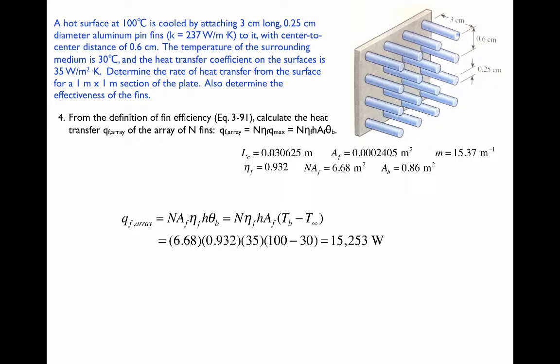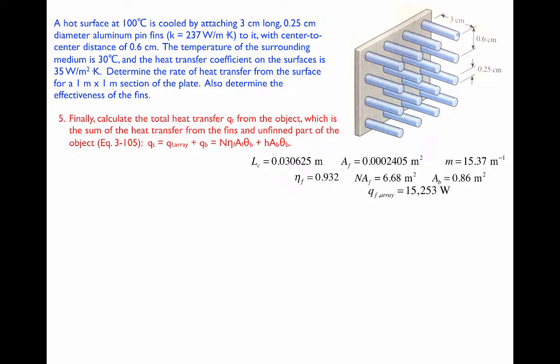We plug in our numbers, and we get 15,253 watts. That's the rate of heat transfer from the fins alone. And then finally, the total heat transfer from the object is the sum of the heat transferred from the fins plus the heat transferred from the unfinned base of the plate.